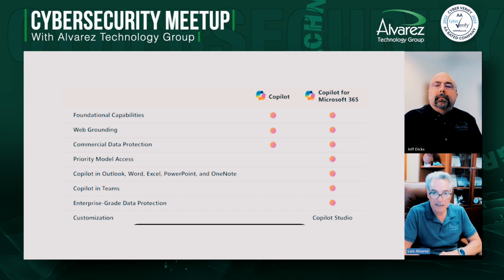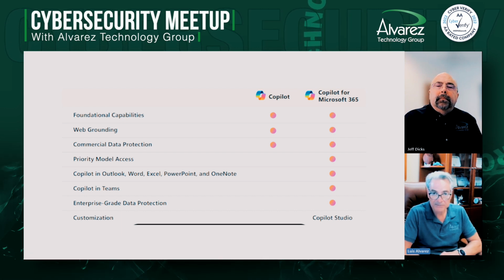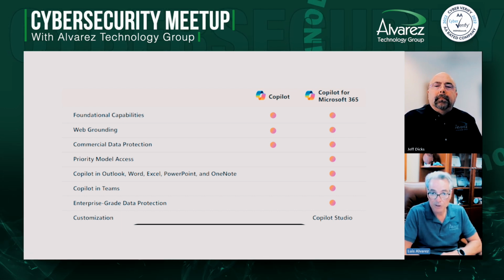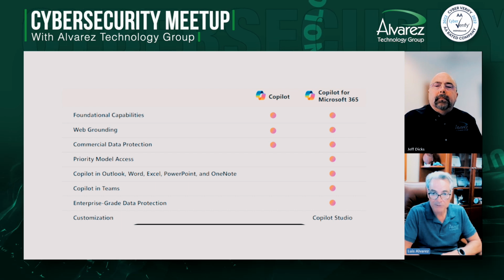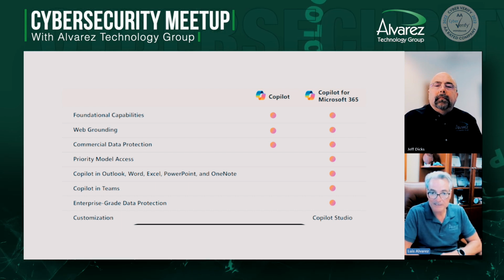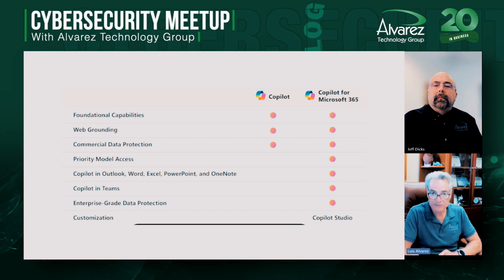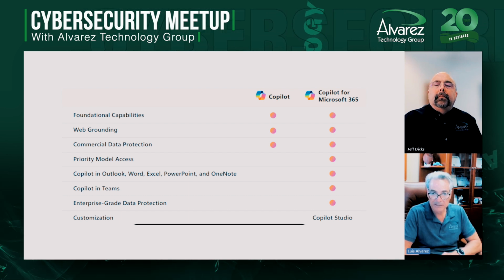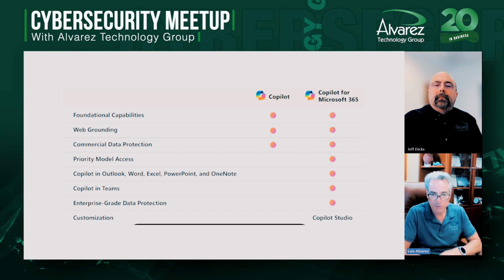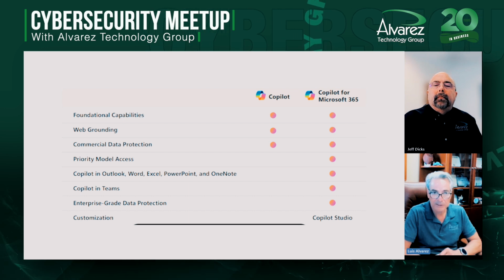The limited version of Copilot is, like I said, free. There is a charge for Copilot for Microsoft 365, and you also need to have the correct version of Microsoft 365. You need a certain kind of licensing, although it's pretty broad, so it's not very limiting at all.